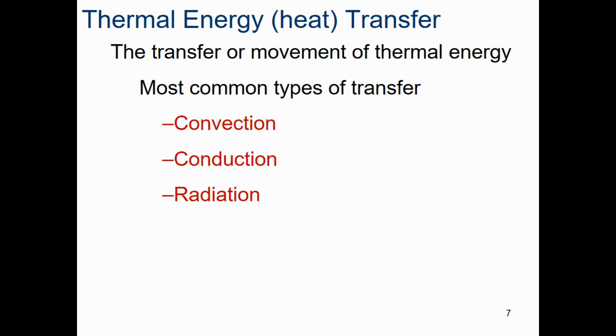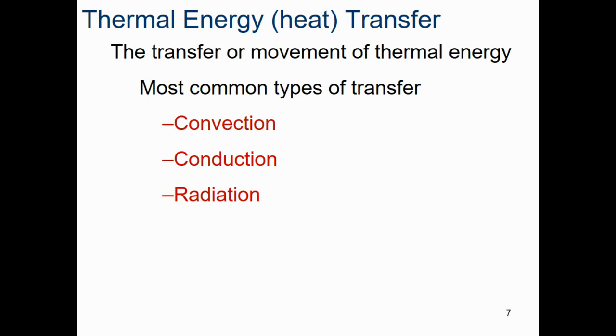Then we have radiation, our third common type of thermal energy transfer. Radiation is a process by which energy is transmitted through a medium, like empty space, as electromagnetic waves. This energy travels at the speed of light.